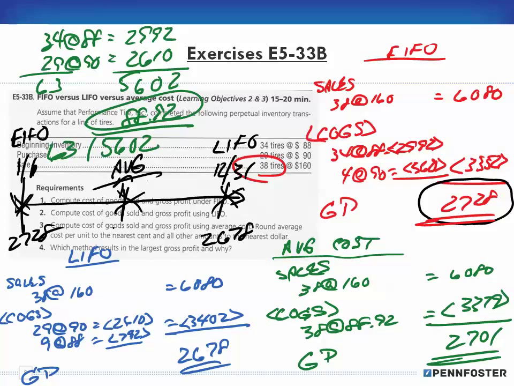Well, 2,701 is someplace in the middle as an average. Theoretically, this exercise gives you a good comparison between the three to see how it affects your gross profit.